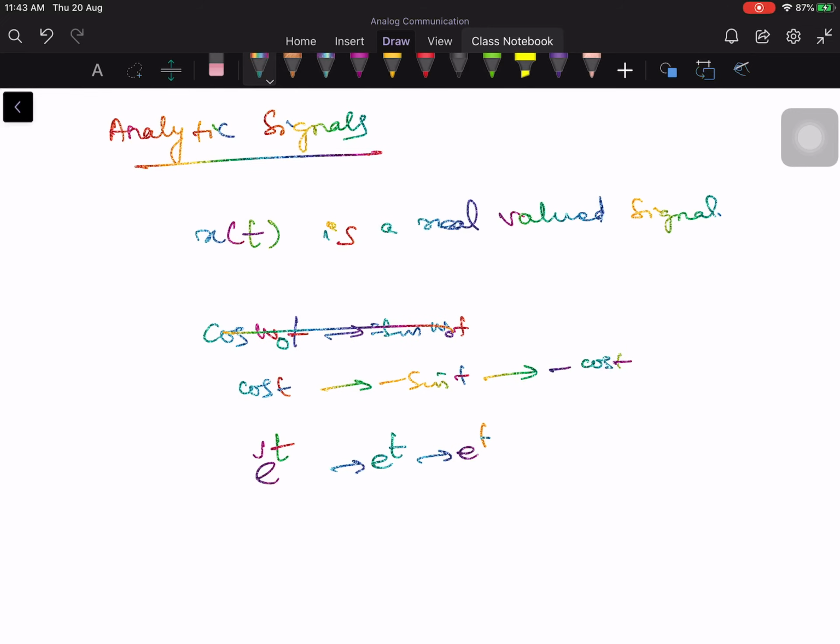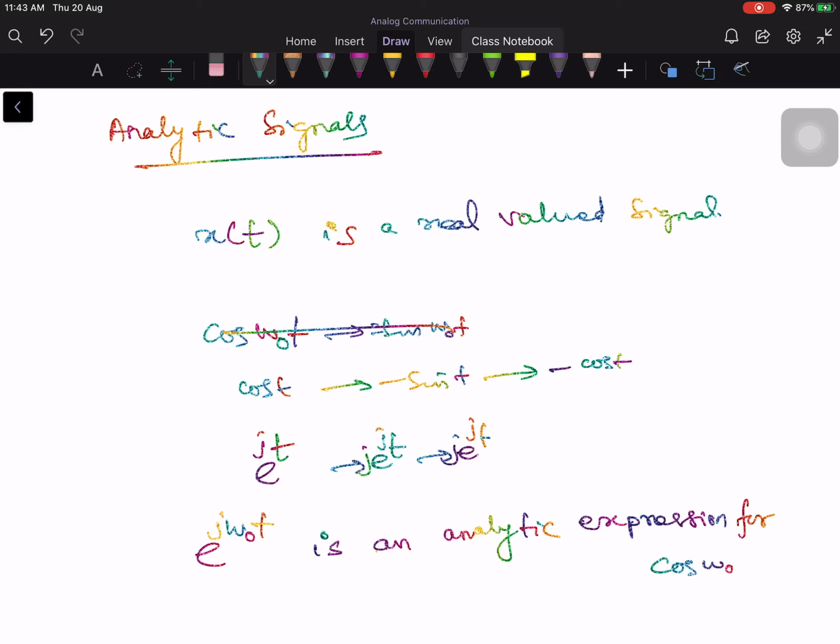Let us say e power jt. Of course, the j factor will come in front, it is not an issue. Therefore, e power j omega naught t is an analytic expression for cos omega naught t.